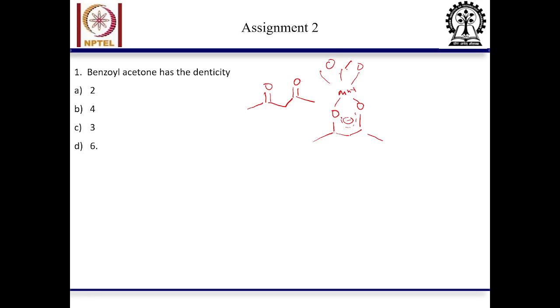Okay, so this is phenyl. So here it is just phenyl acetone. This is benzoyl, so this is the benzoyl group, and this is acetone, CH3COCH3. So this is called benzoyl acetone. It has denticity 2. So two oxygen atoms act as donors.